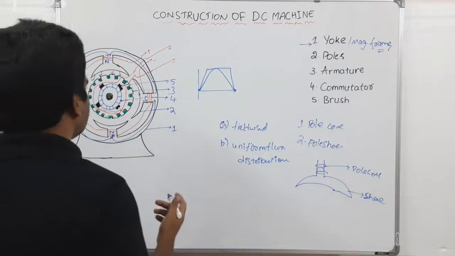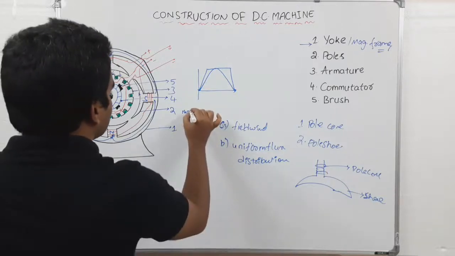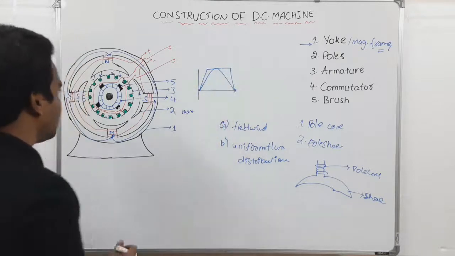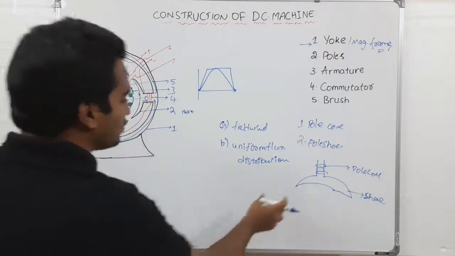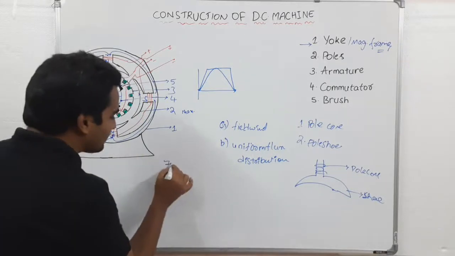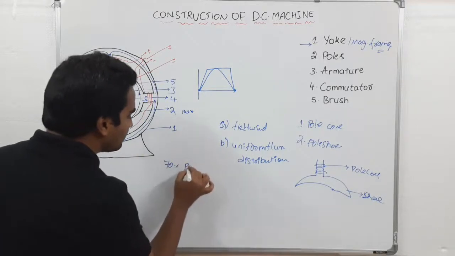So there will be a maximum output value. The pole shoe is designed in such a way that it covers 70% of the pole pitch.